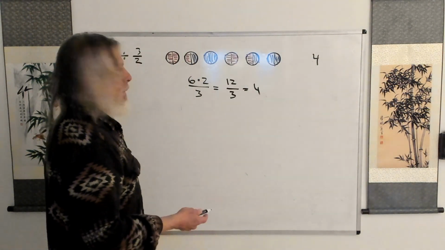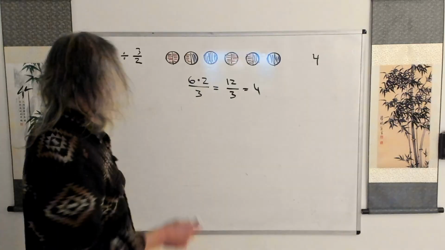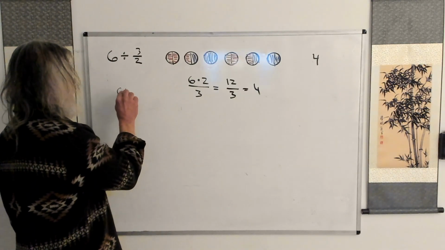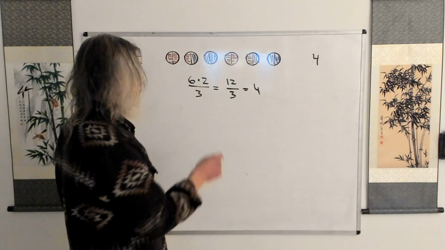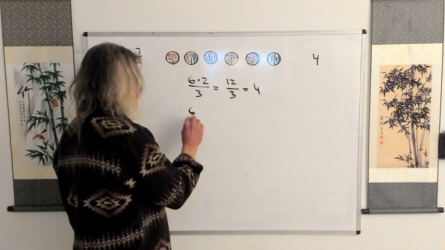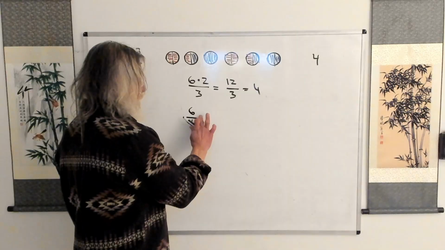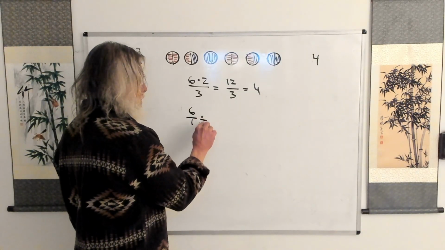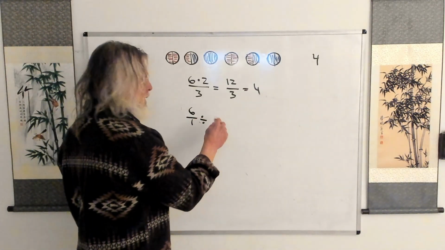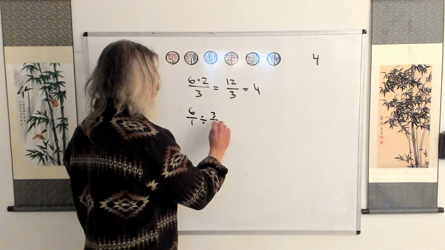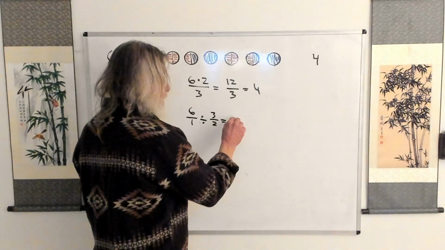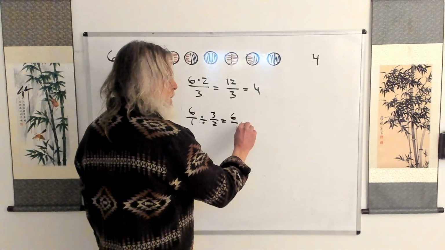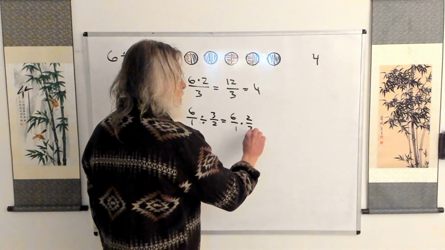Or, remember, 6 is equal to 6 over 1. So you can think of this as 6 over 1 divided by 3 halves. It'd be like 6 over 1 times 2 over 3.